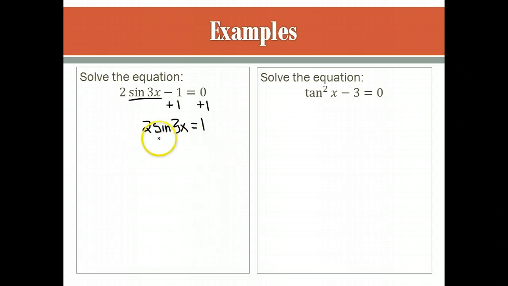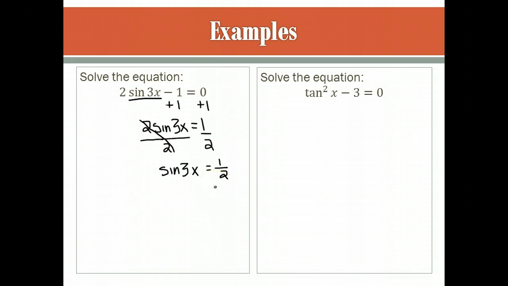Then I will divide both sides by 2. That will cancel this 2 in the front, and that gives me sine 3x is equal to 1/2. So that takes care of the first step. I've now got that trig function isolated.